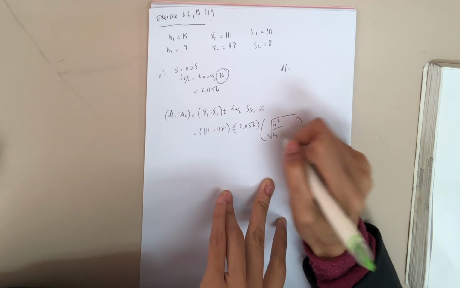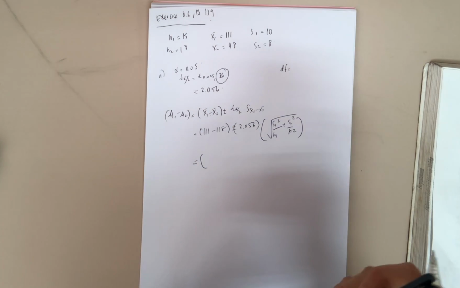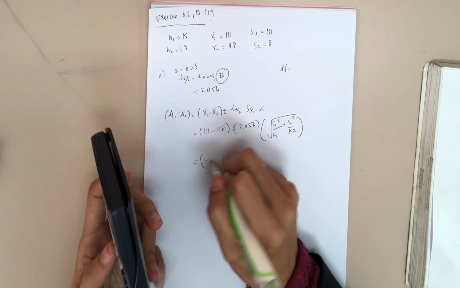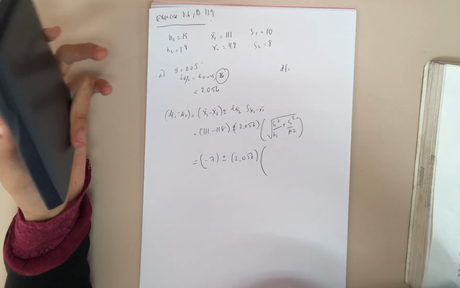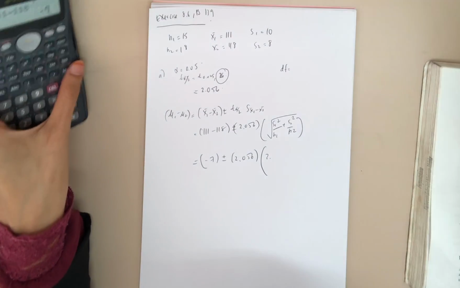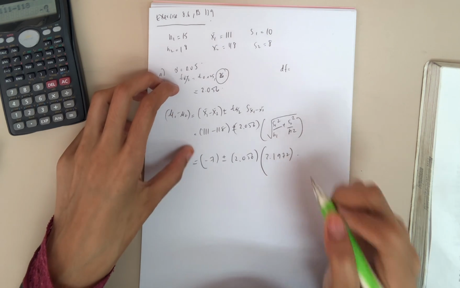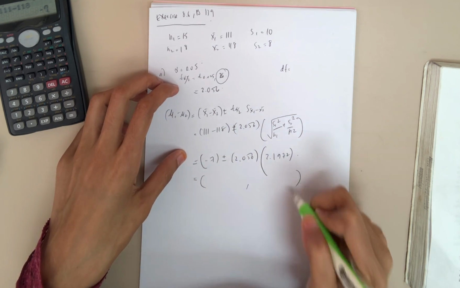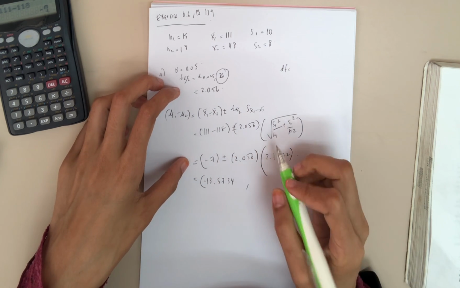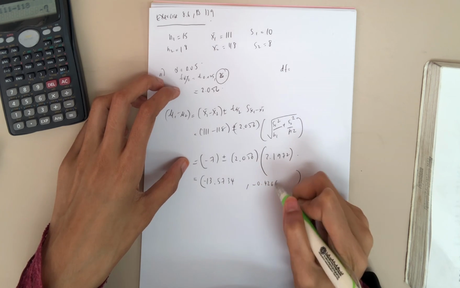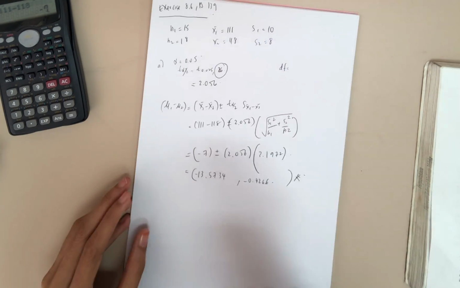So this will be negative 7, right? Negative 7 plus minus 2.056 times 3.1972. So the interval that you should get here is negative 13.5734 and negative 0.4266. So this is for question A.